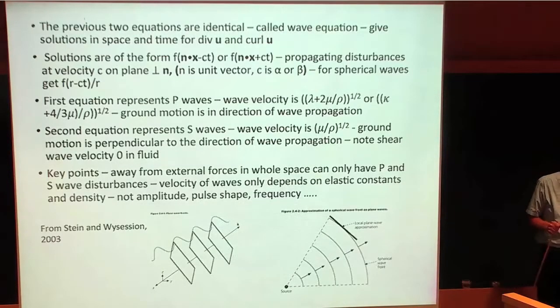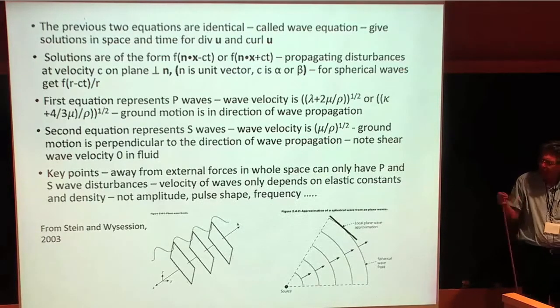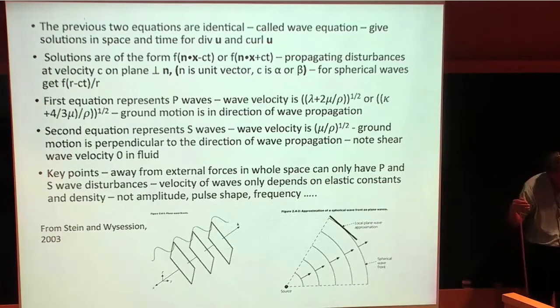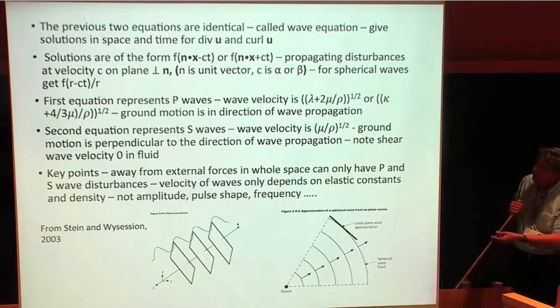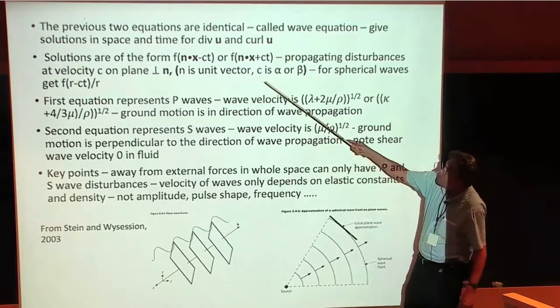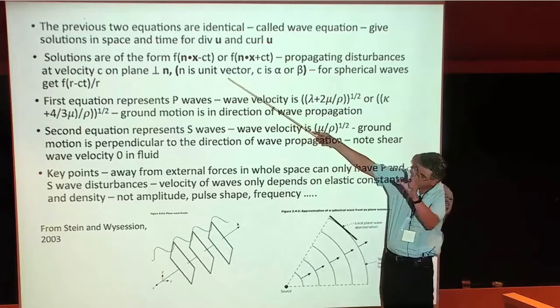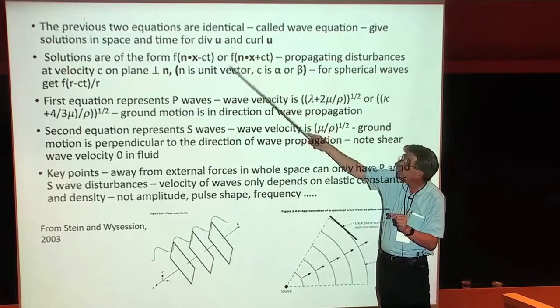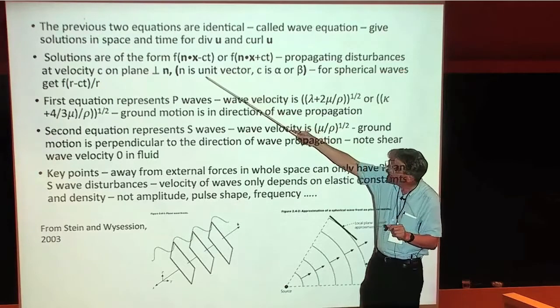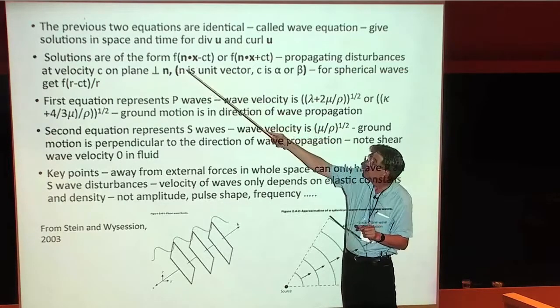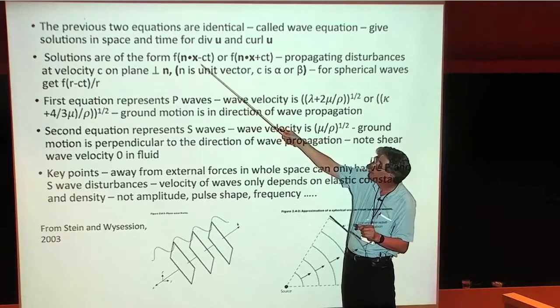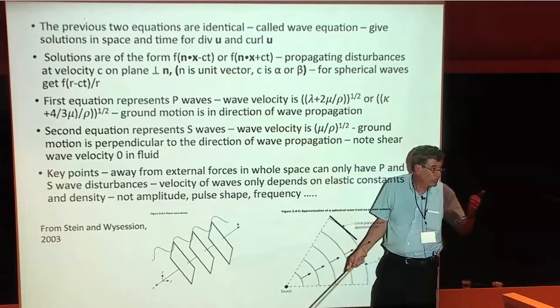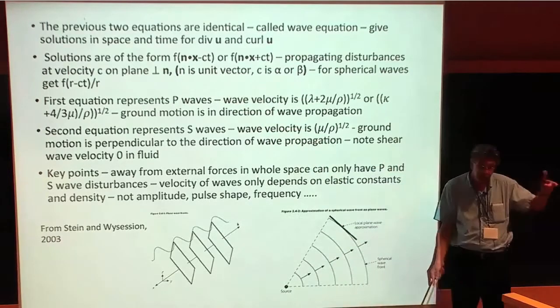And I kind of apologize for this slide. There's just a lot of information there, and I didn't want to actually go through it. So, like I mentioned, we know the solution to the wave equation. And a general solution to the wave equation, recall those two equations are the same equations, but one is for curl of u, one for div of u. The general solution is any function f of n dot x minus ct, where the c here could be the alpha or the beta, depending which equation you're looking at.